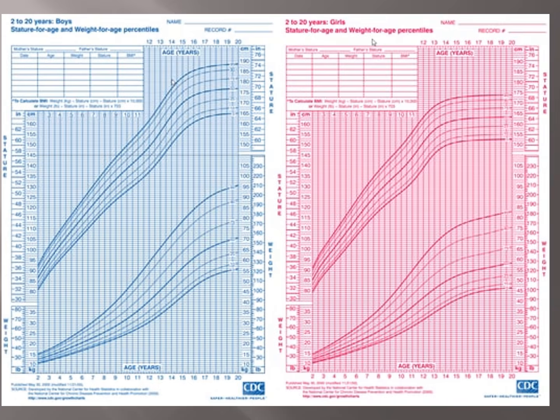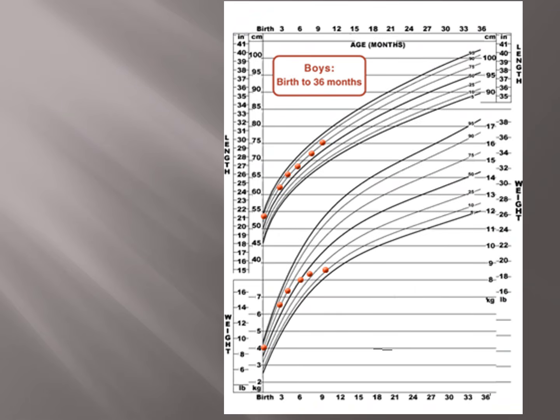Here are 2 samples of charts. And notice the top is stature or height, and the bottom part is weight. And these are averages. So your child is not on this chart anywhere right now. And it's age 2 to age 20. And what they do is then you get a chart like this, and then you will start tracking your child.